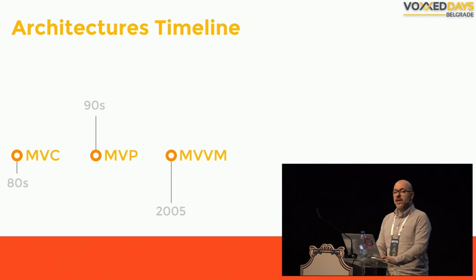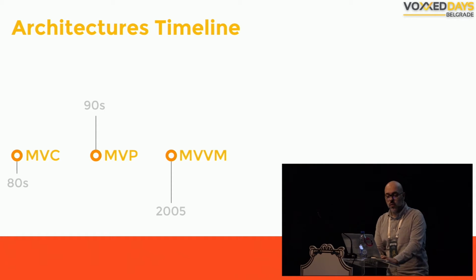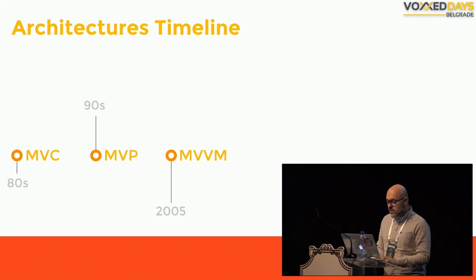In 2005, Microsoft came out with a new design pattern. This architecture is called model view viewmodel. And again here, they are leveraging the same concept as before, where instead of having the presentation model, we have a view model. This one is still largely in use today, in particular for mobile applications. Let's think about iOS, for instance.